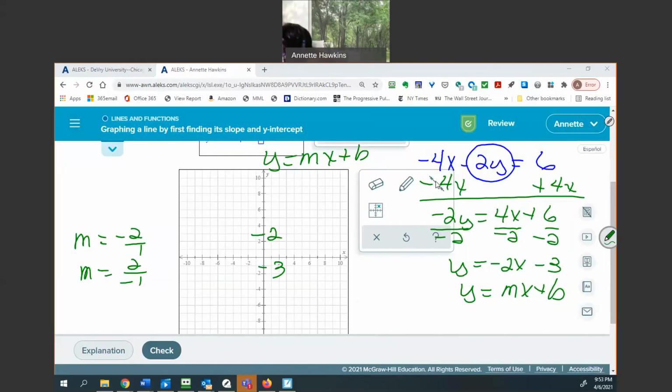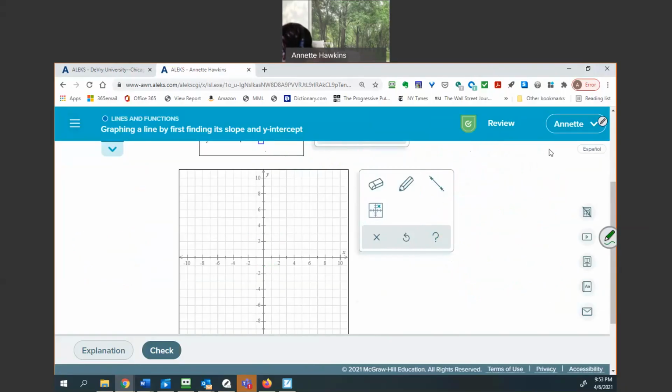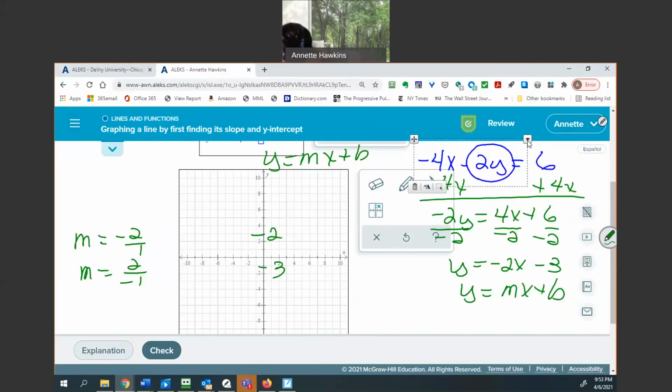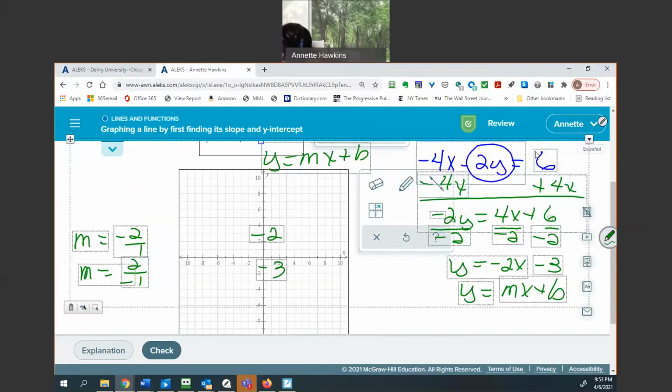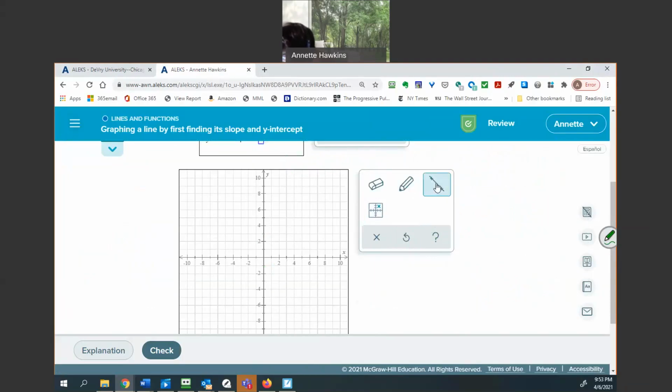So I'm going to grab my line tool here. Bear with me. It doesn't like that. Let me remove some of this stuff. All right, now I can grab it.